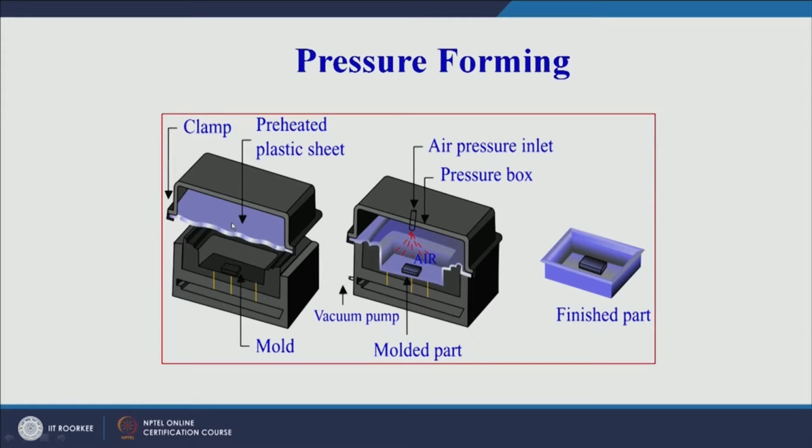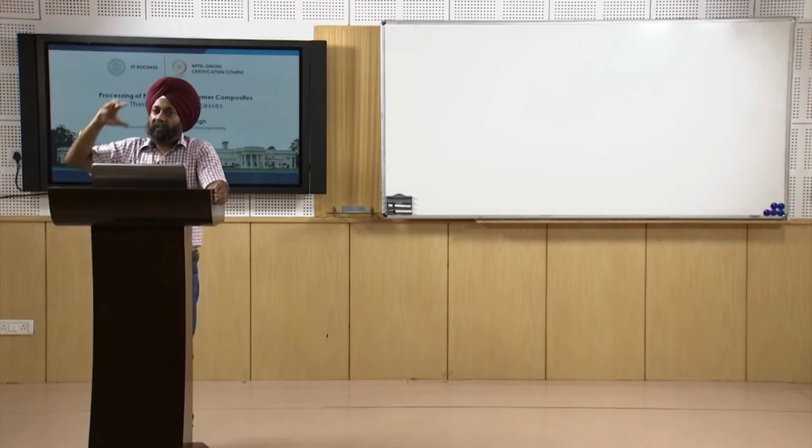In the previous case, if you remember, in vacuum thermoforming we had a heating arrangement, so the sheet was heated in the setup itself, but here we need to have a preheated sheet. So we have a preheated plastic sheet and a two-part mold that we will close and apply the pressure on this preheated sheet so that it conforms to the shape of the mold and we get our final product.